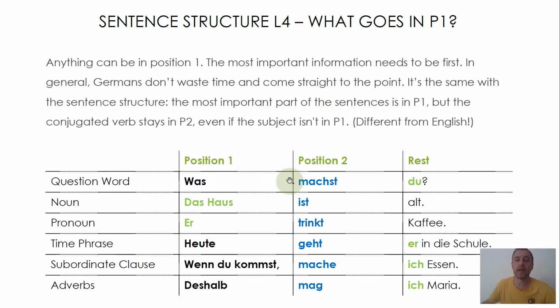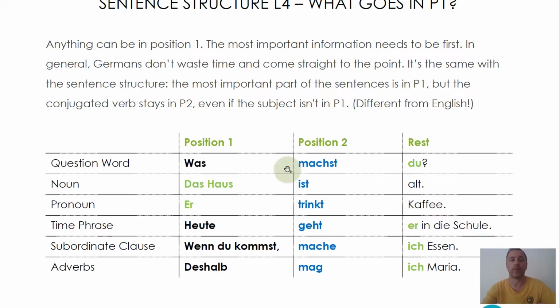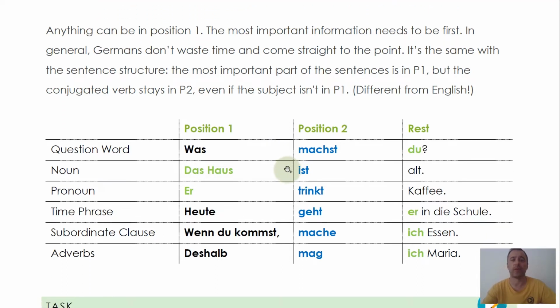In German, it is a little bit different. In German, we put everything that we think is the most important information in position 1. And that could really be anything, absolutely anything. What is not negotiable is position 2.